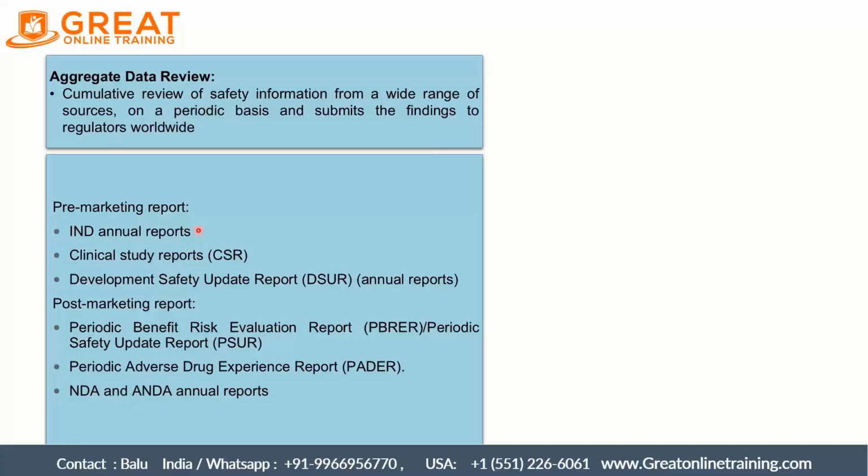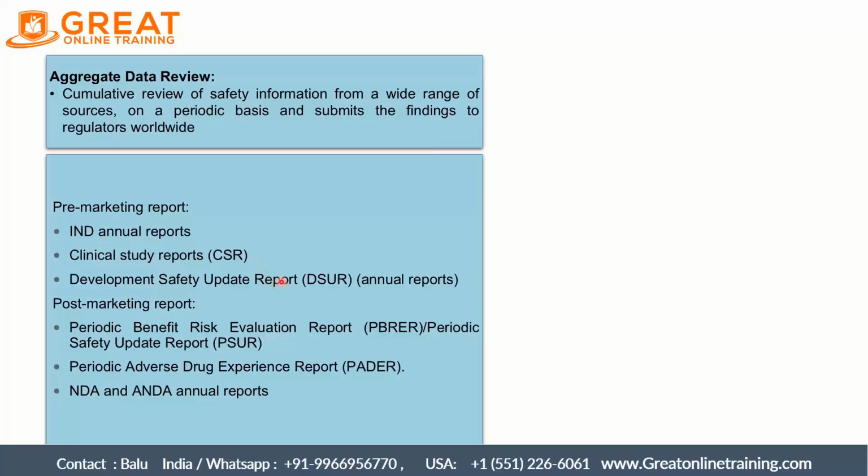Any product approved under an IND, the investigational new drug application, requires all the companies to submit annual reports on that IND. And the CSR, the clinical study reports, are the summary of the clinical trials: what happened to that particular study medication and how many trials were done. All the safety information is also included in the clinical study reports.